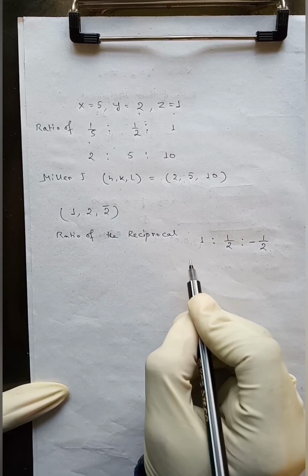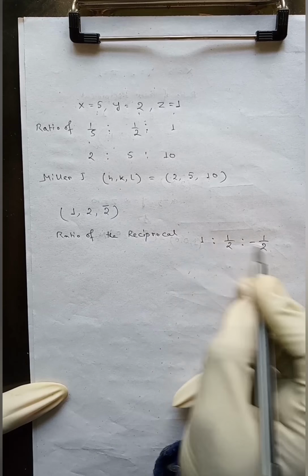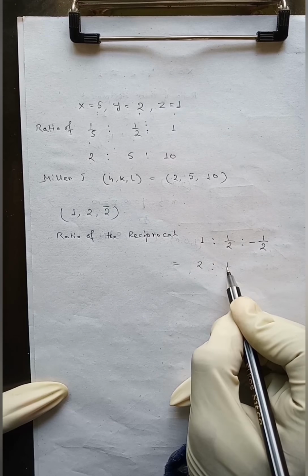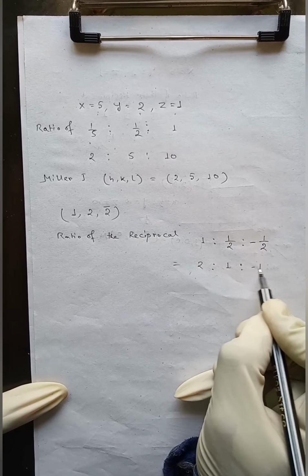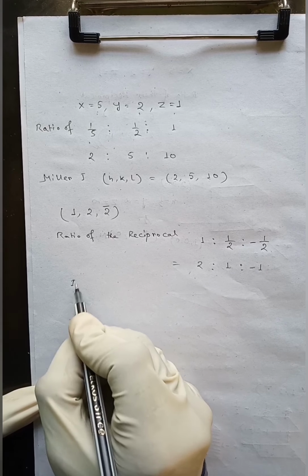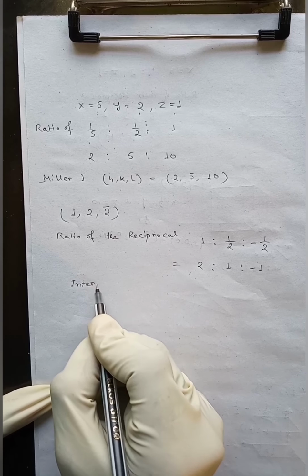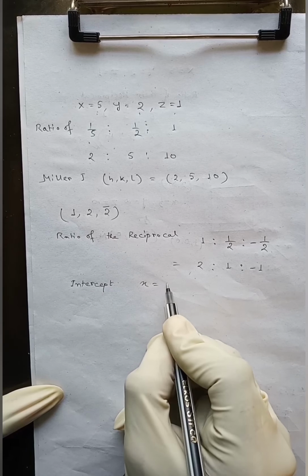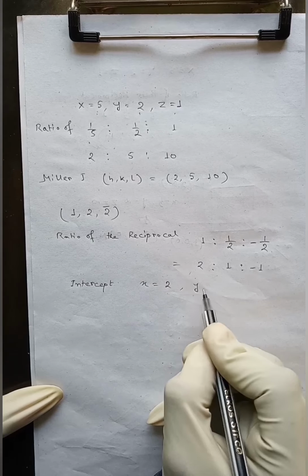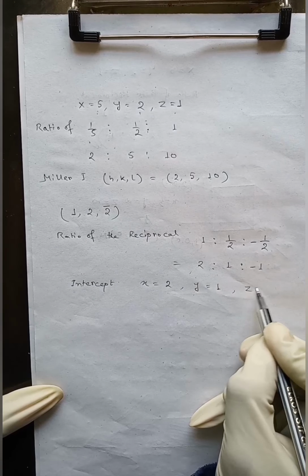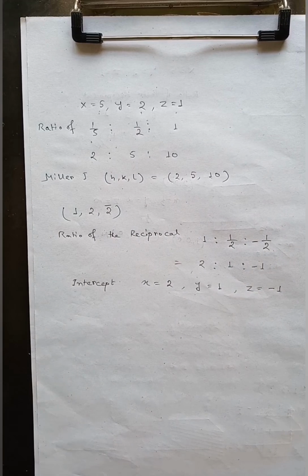So now the ratio, multiply 2 on all sides. So we will get 2 is to 1 is to minus 1. So the intercept is at x equals to 2, y equals to 1, and z equals to minus 1.